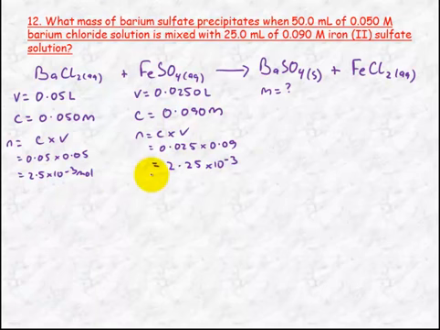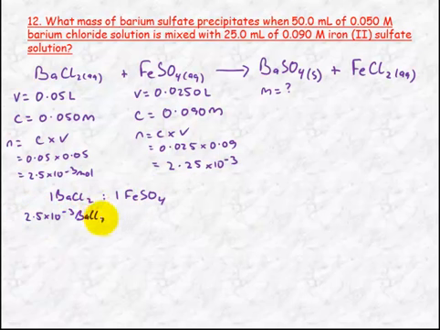We don't have that much iron sulfate, and I'll write that out just in case you're a little bit confused. So 1 mole of BaCl2, 1 of FeSO4. So if I've got 2.5 by 10 to the negative 3 BaCl2, it needs to react with 2.5 by 10 to the negative 3 FeSO4.